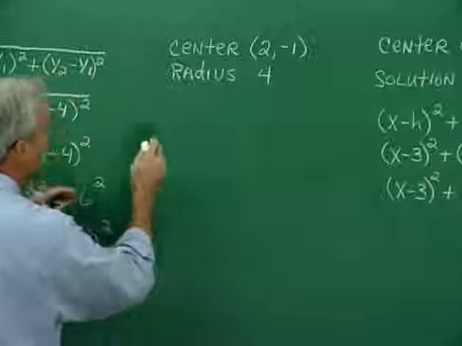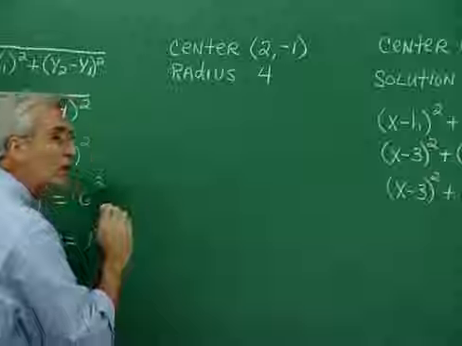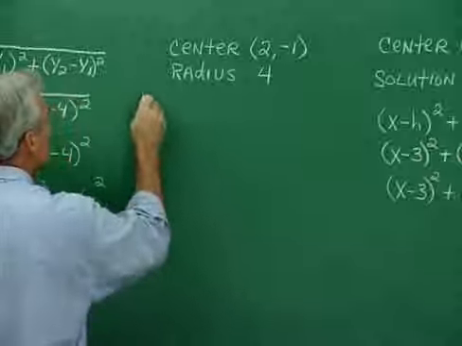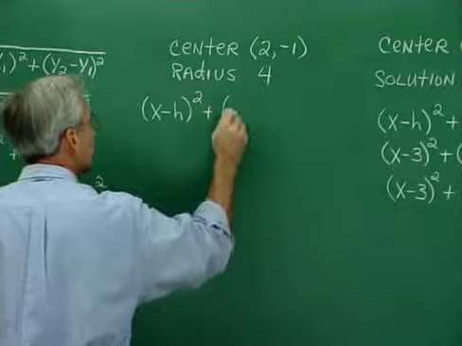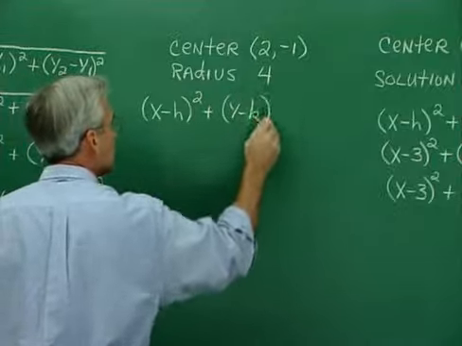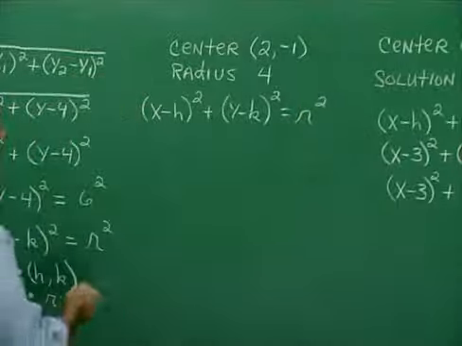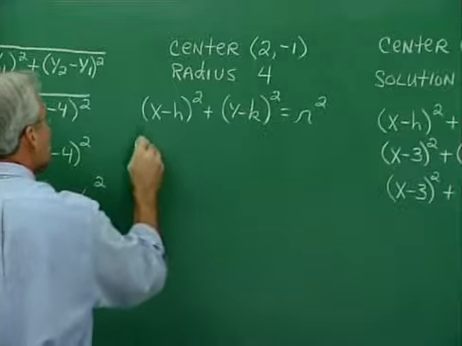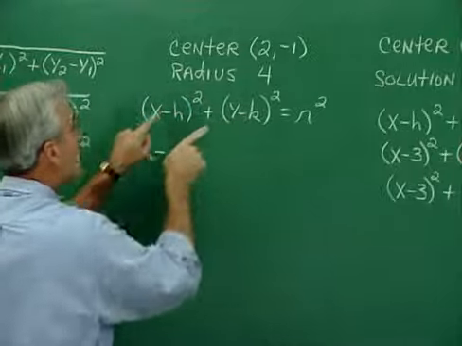Now, we start like this. We think, well, the equation of a circle has the form of x minus h squared plus y minus k squared equals r squared. And then fill in the information that we see. Well, we see the h and k now, coordinates of the center.